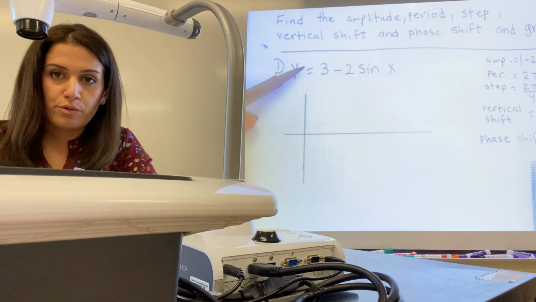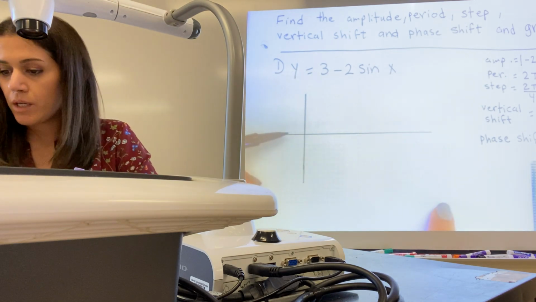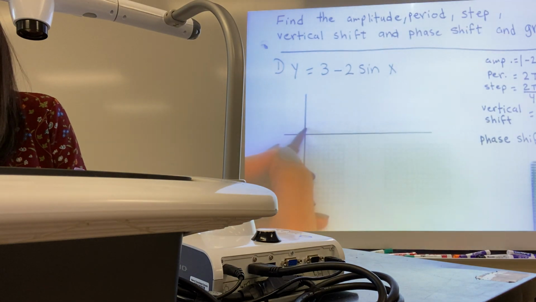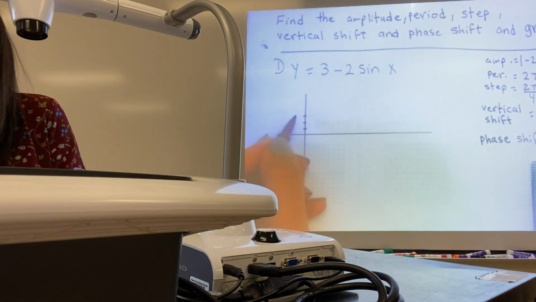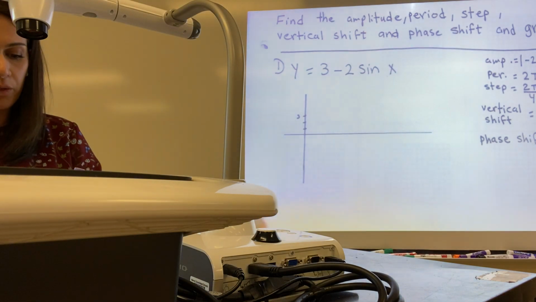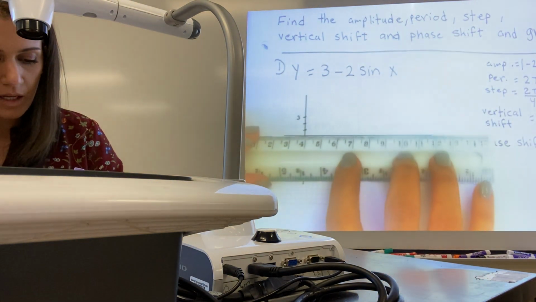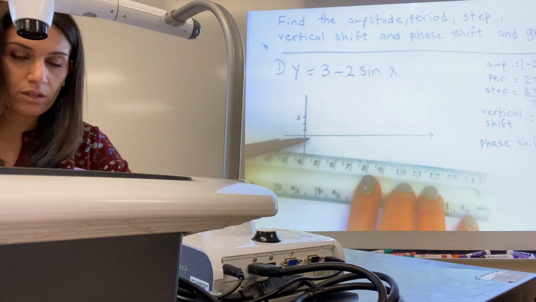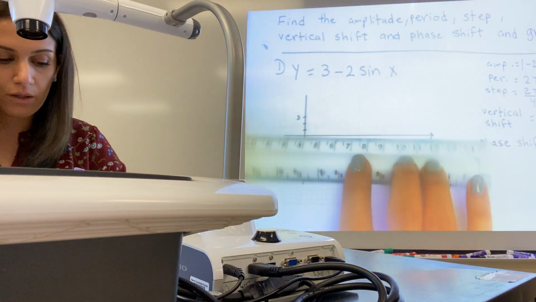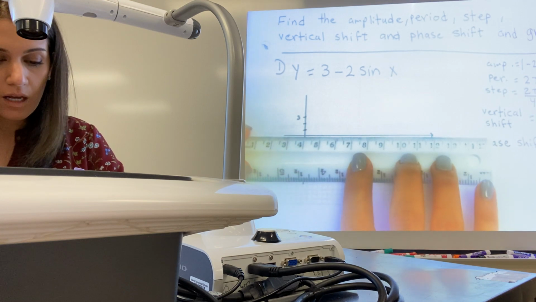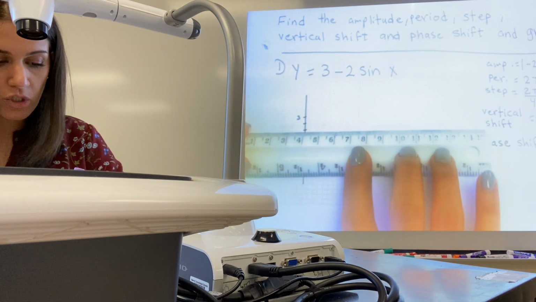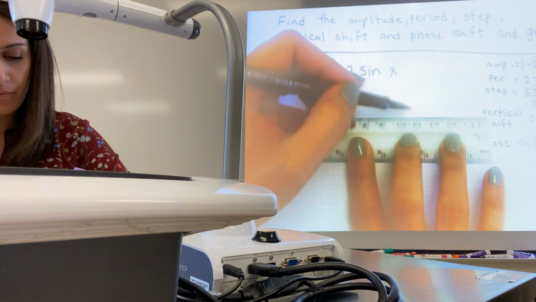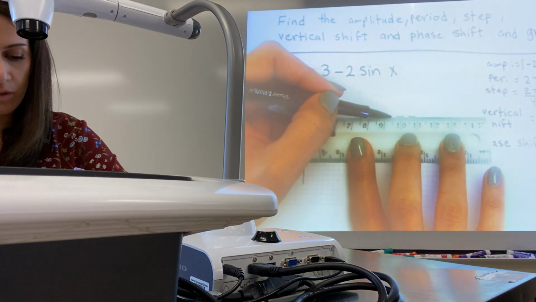And this time it's 3 up, so I'm going to go up 3 units. So this is 1, 2, 3, and so here is my new x-axis. This is the usual one, the one that we always use without the shift up or down. But since we have a 3 units up shift, I'm going to create a new x-axis here, and I'll graph around this one.